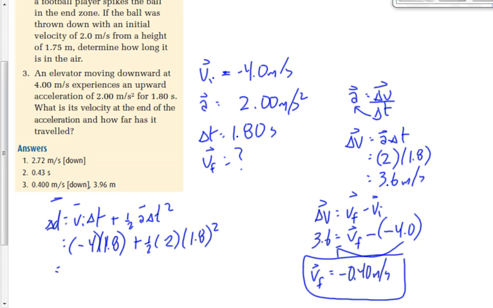Okay, we don't even have to rearrange it. Let's do the math on this one. It should work out to be 3.96 meters. Actually, it should work out to be -3.96 meters. That's the displacement. The distance traveled would be positive. Either one. Good. Any questions on it? Either of those questions? Anything else?